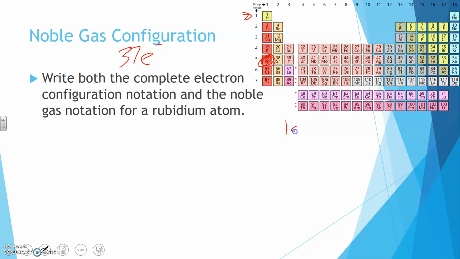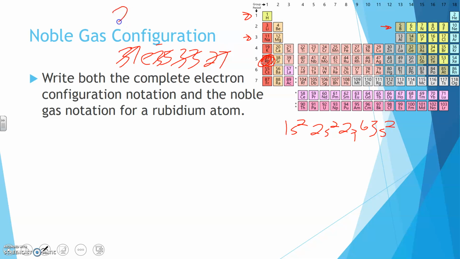You have 1s, 2 electrons, down to 35 electrons. 2s2, down to 33. We have 2p6, down to 27. Then over here, we have 3s2, 25 electrons left. Then 3p6, so we're down to 19.